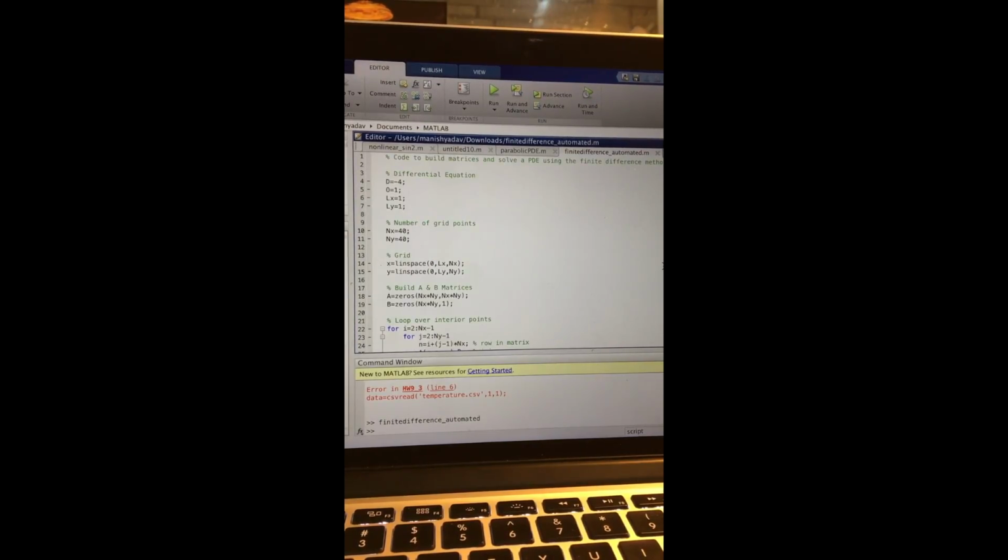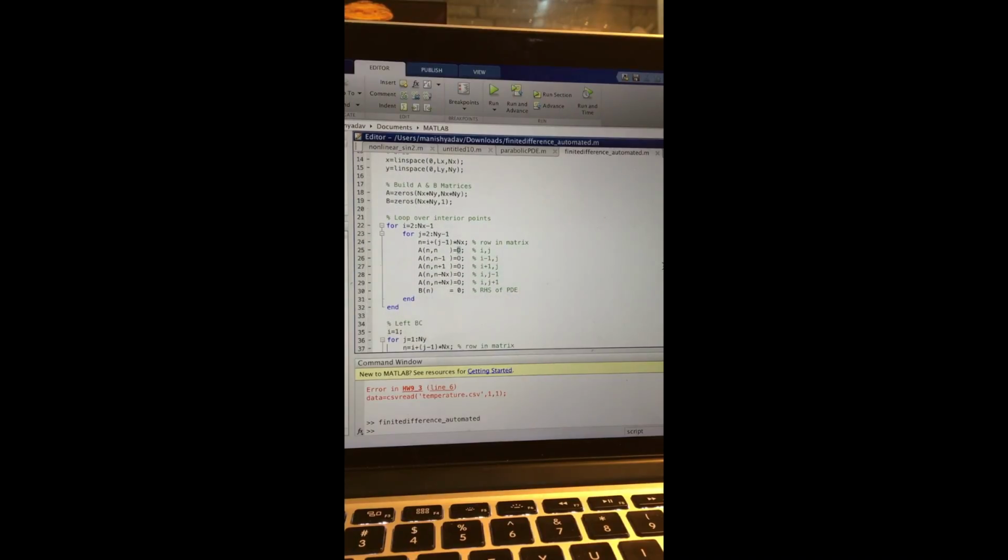So I have put my boundary conditions here. My left boundary condition is 75. So for i equal to 1, j goes to ny, which starts at 1 in the y direction. And I put my boundary conditions for the right side, which is mostly similar to the left side.